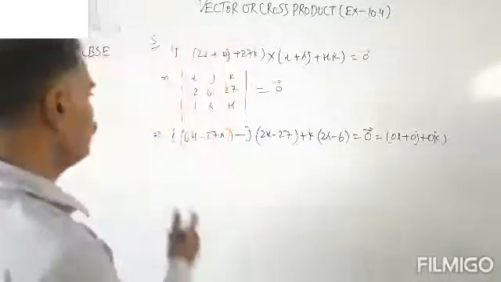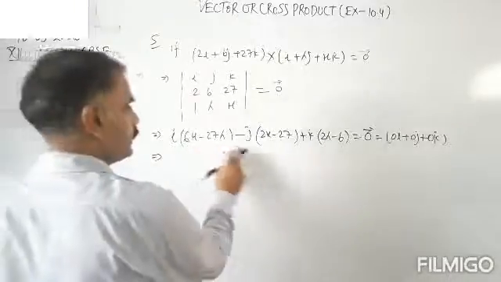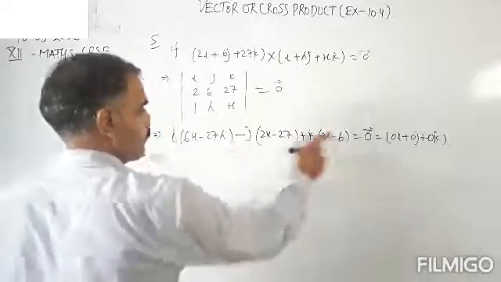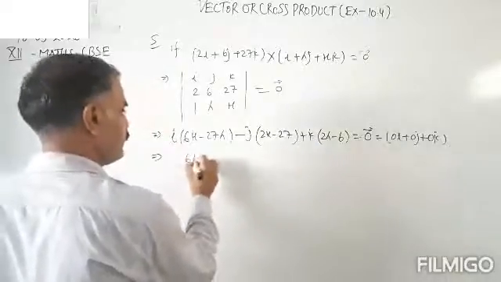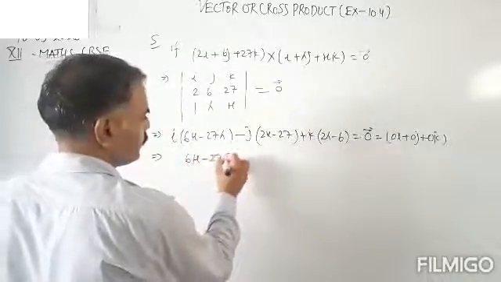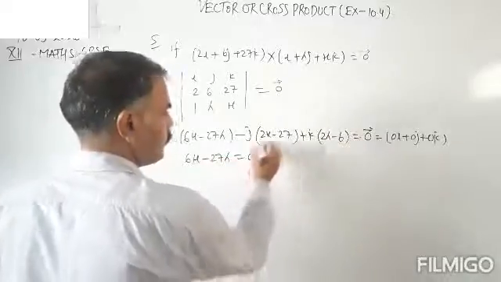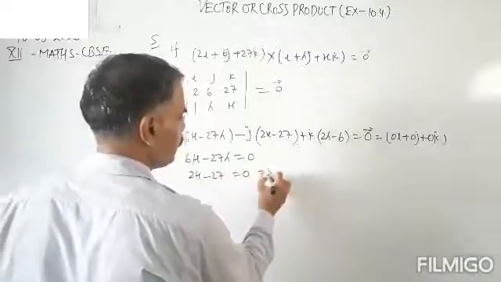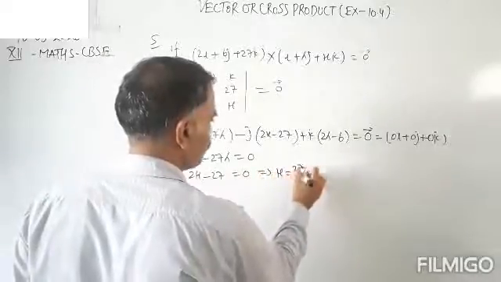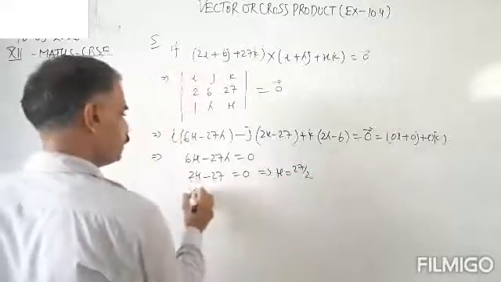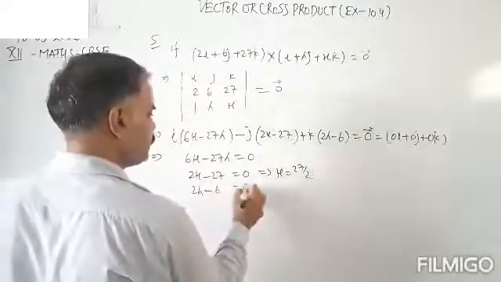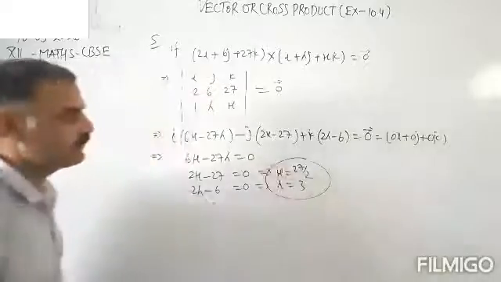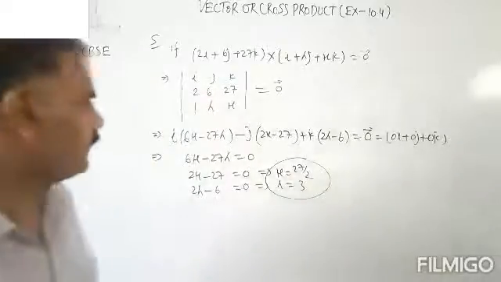So 6 mu minus 27 lambda equals 0. 2 mu minus 27 equals 0 implies mu equals 27 by 2, and 2 lambda minus 6 equals 0 means lambda equals 3. So mu equals 27 by 2 and lambda equals 3.